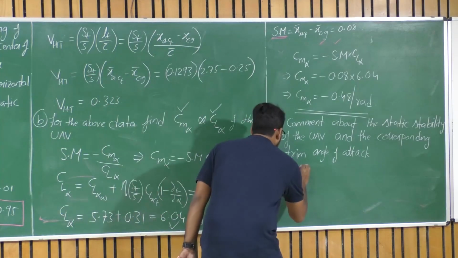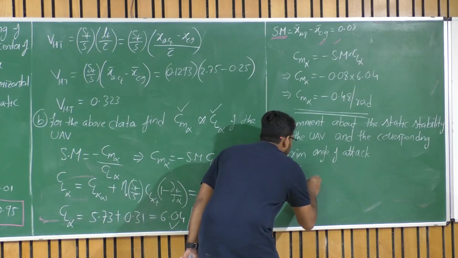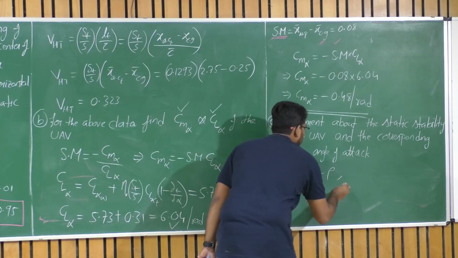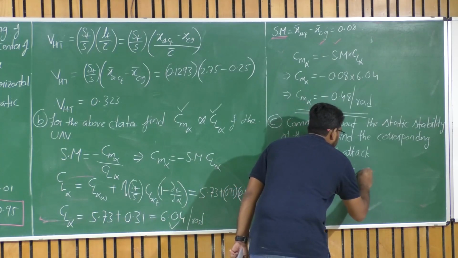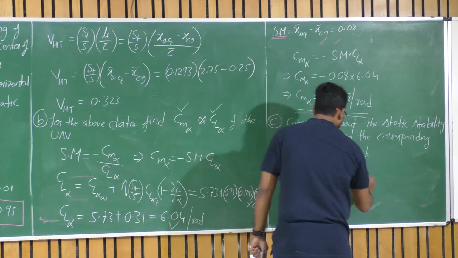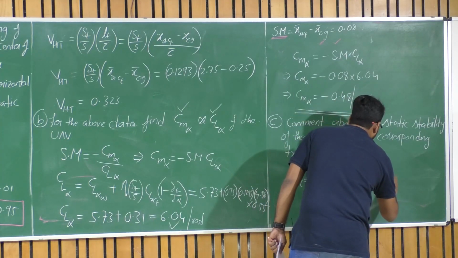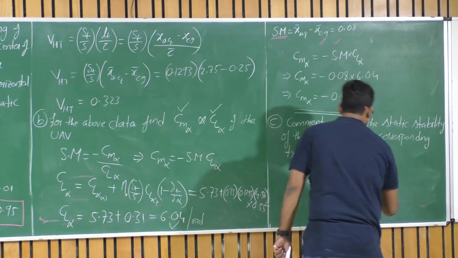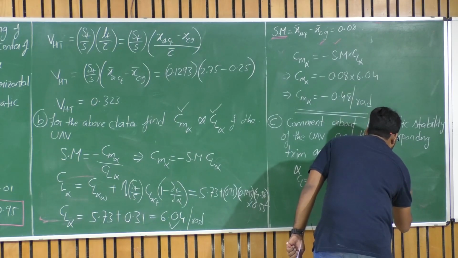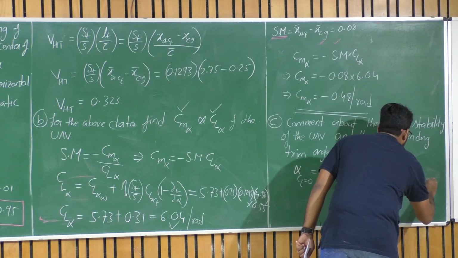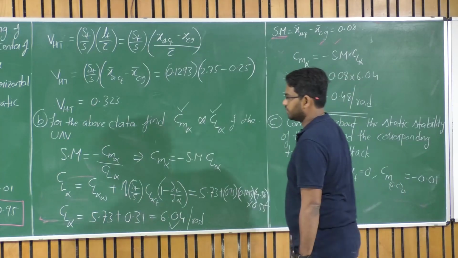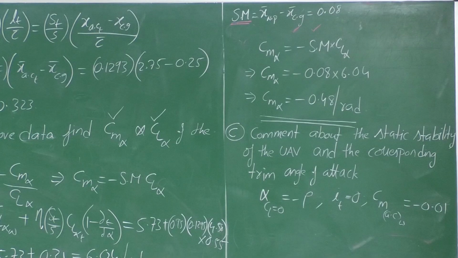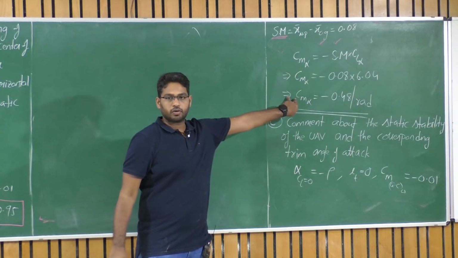So for this, we'll have this data: alpha at which CL is equal to 0 is minus 1 degree, and i of t is equal to 0, and CM AC of the wing is minus 0.01, right? So these are important. So to comment about static stability, we need to find out CM naught here, right?